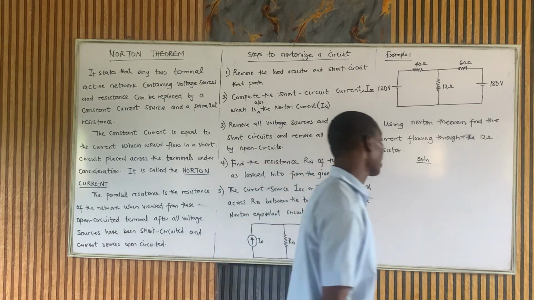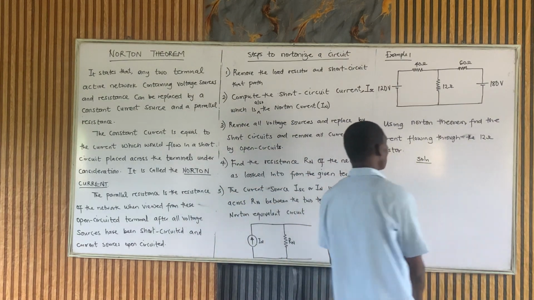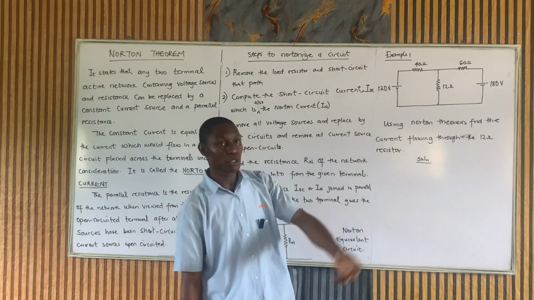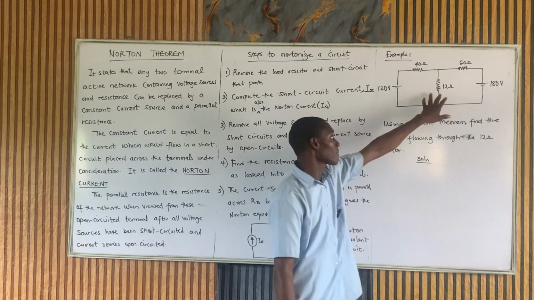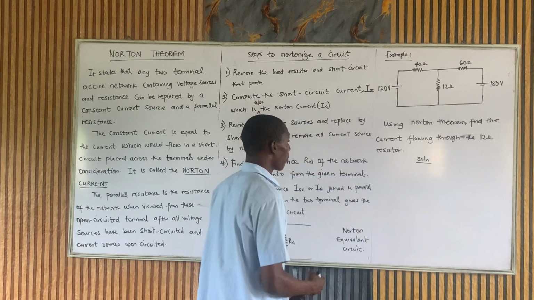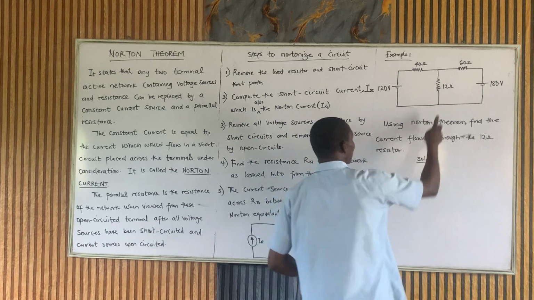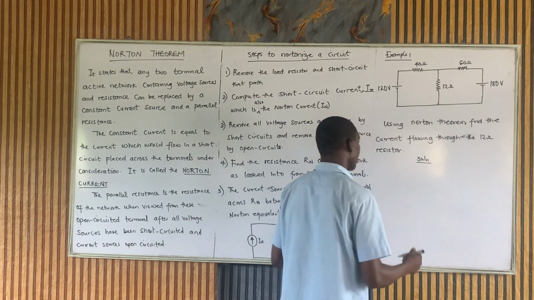Let's take a question now. The question says, using Norton theorem, find the current flowing through the 12 ohm resistor. So for the solution, we are following step 1 now: remove the load resistor. The load resistor is the resistor you are looking for the current flowing through, so I'll remove it.